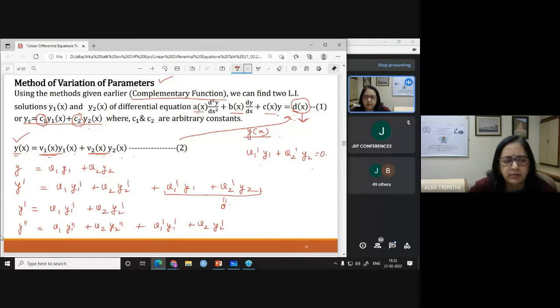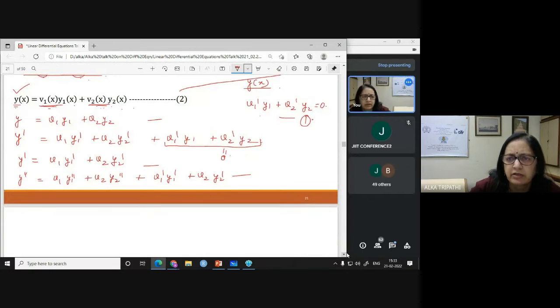Now we will substitute this y dash and y double dash in our original equation and simplify it. We already have one equation as a condition for getting the v1 value.